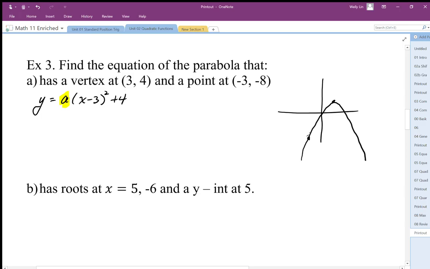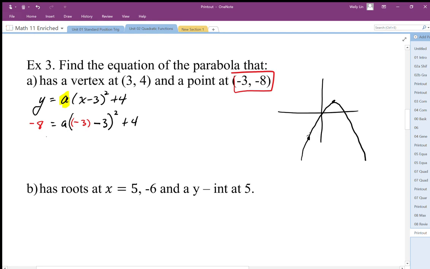Okay, so what we need to do is solve for a, and we use that coordinate, negative 3, negative 8, as the x and y coordinate to be able to solve for the a value. So we end up with y equals a times x minus 3 squared plus 4.